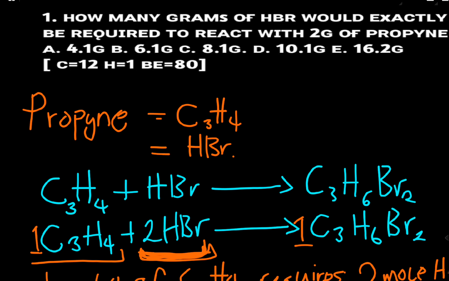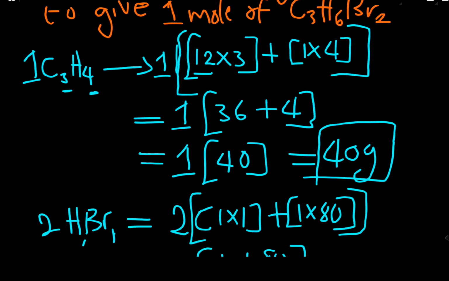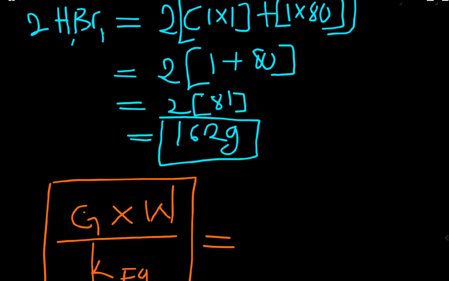So we're given 2 grams of propyne. So what is given will become 2 times the molar mass of hydrogen bromide, which is 162, we just solved it now, over 40. So here's how to finalize this calculation.